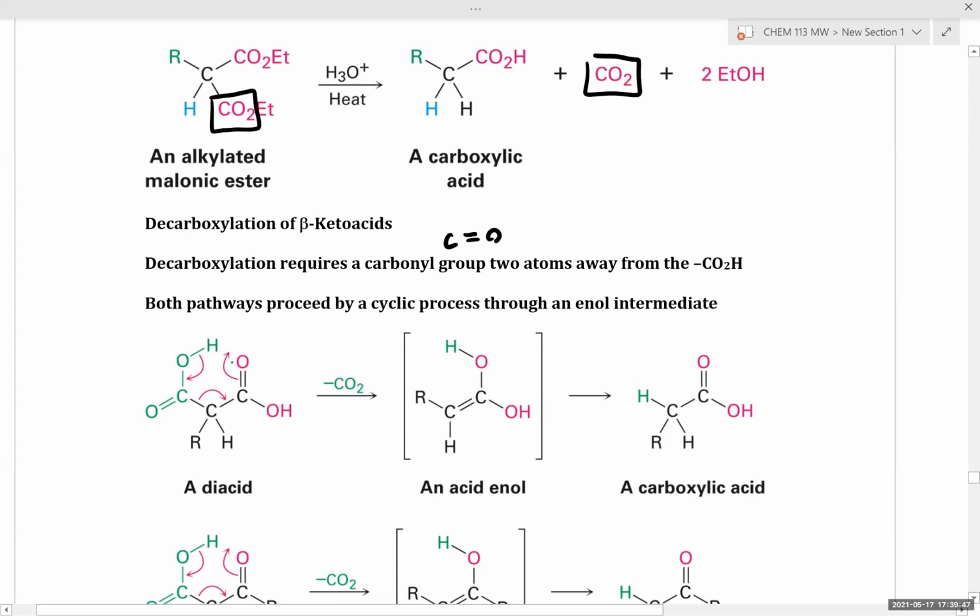In this case, it's a concerted reaction where we abstract a proton and we lose carbon dioxide to generate your carboxylic acid enol. From here, this carboxylic acid enol then tautomerizes under the reaction conditions to yield the corresponding carboxylic acid.